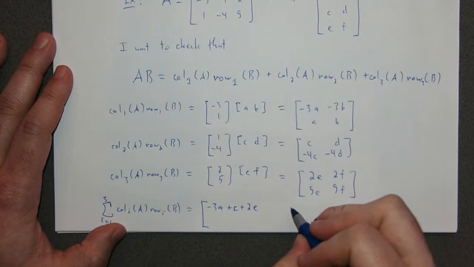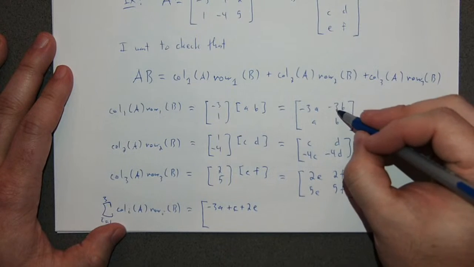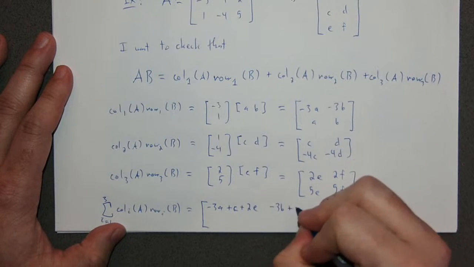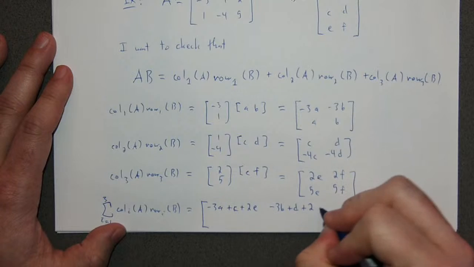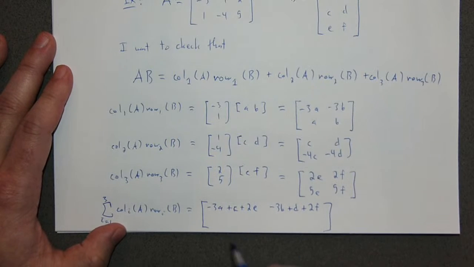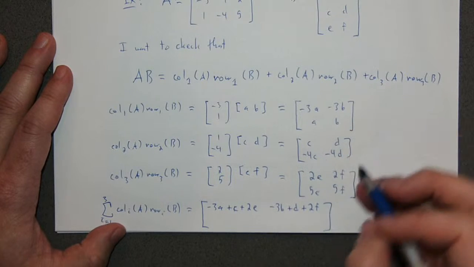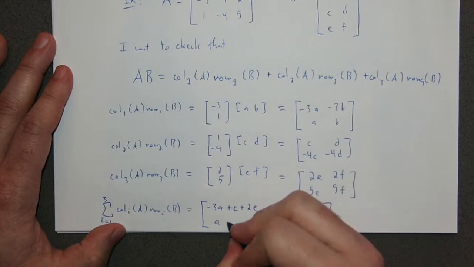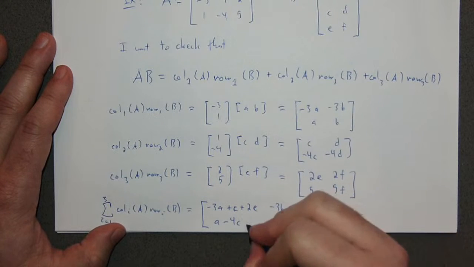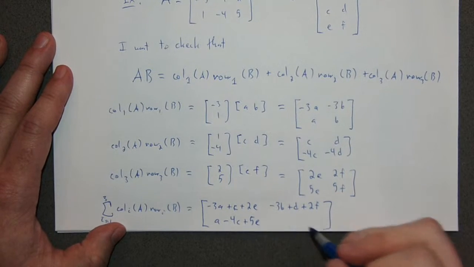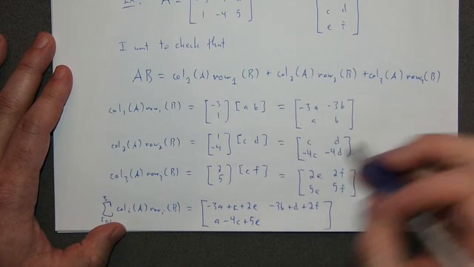And then in first row, second column slot, you would get minus 3B plus D plus 2F. All right, and then in second row, first column slot, you'd get A minus 4C plus 5E. And then in the last slot, you get B minus 4D plus 5F.